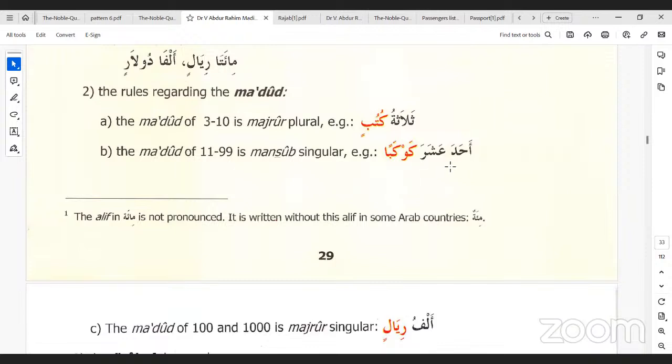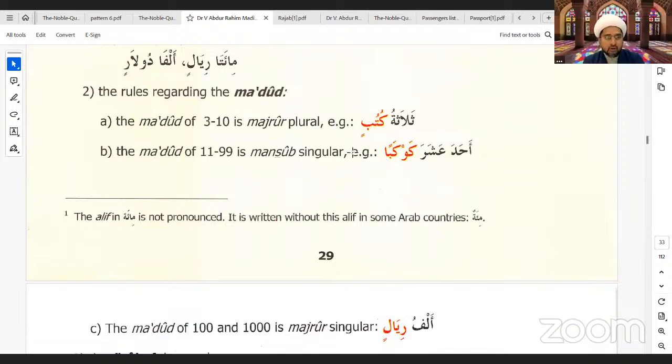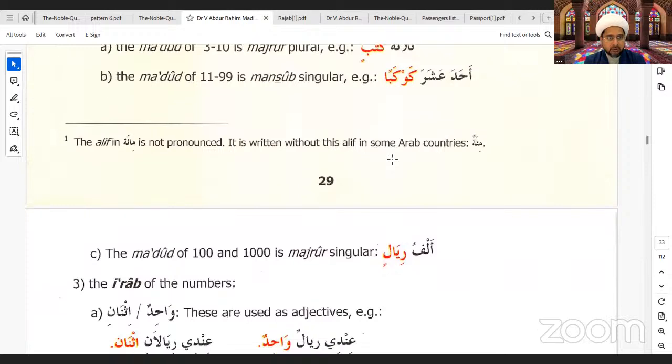Example, ahada ashara kawkaban. So there are 2 rulings so far: the ma'dud, the thing which has been counted, will be plural from 3 to 10 and with a kasra tanween. And from 11 to 99, the word kawkab doesn't come with a kasra tanween. Instead, it comes singular and with a fatha tanween: kawkaban.